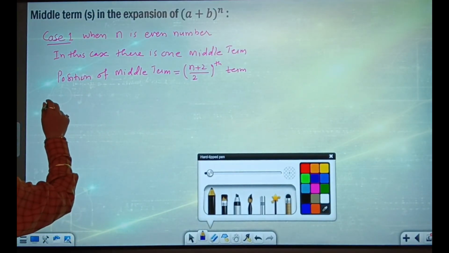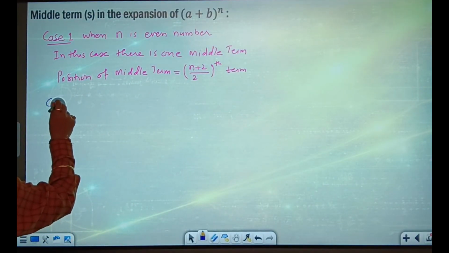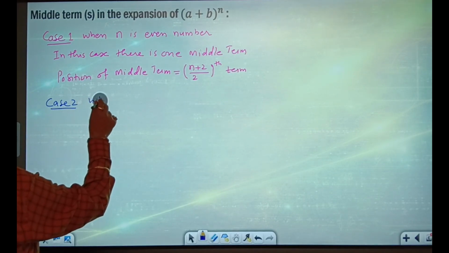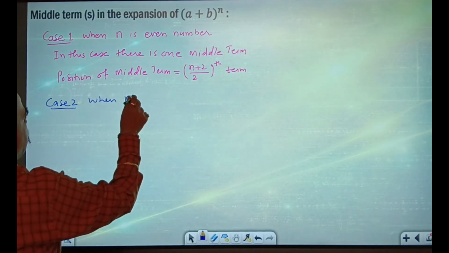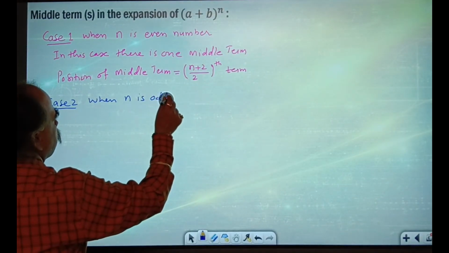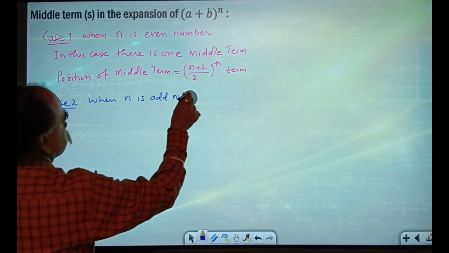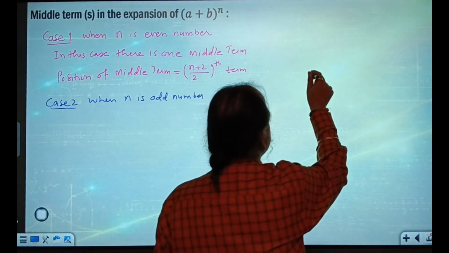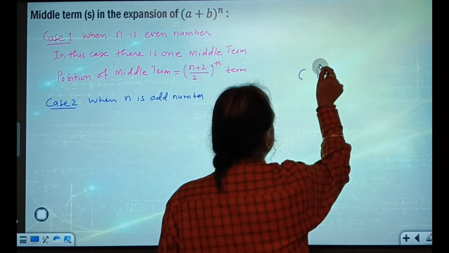Case 2. When n is an odd number. For example, say power is 3.